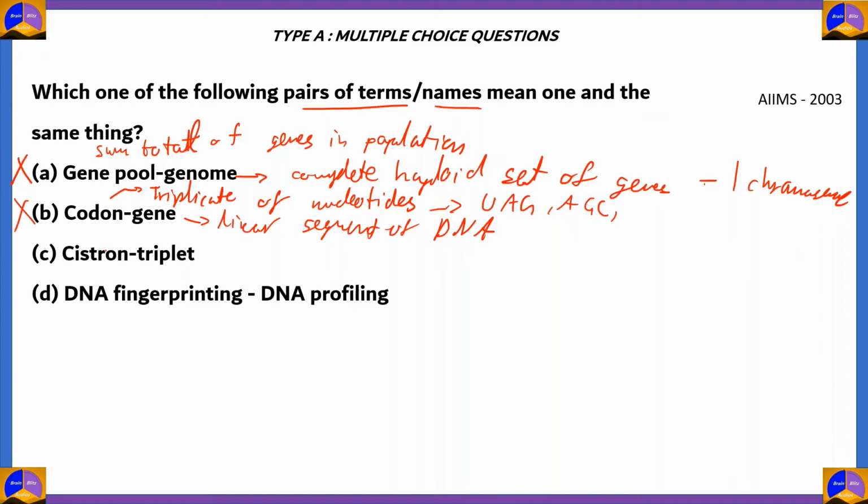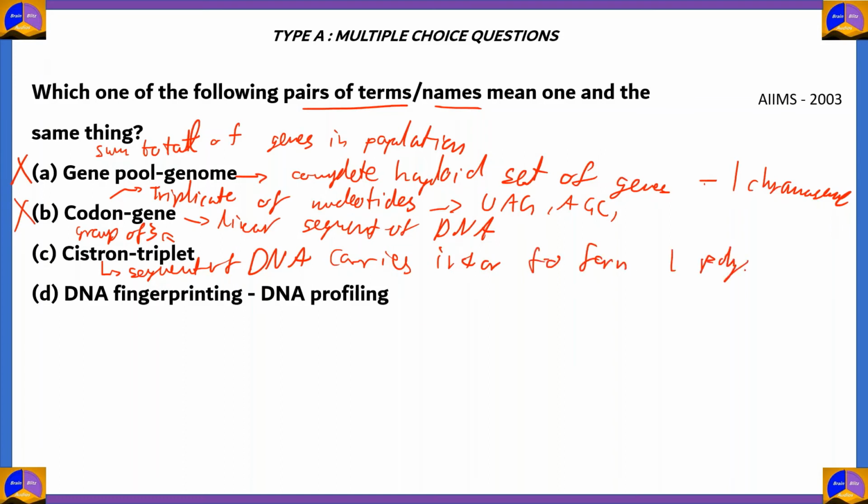What about option C, cistron and triplet? Well, triplet just means a group of 3. So a triplet of nucleotides form one codon. However, a cistron refers to the segment of DNA which carries information to form one polypeptide chain.